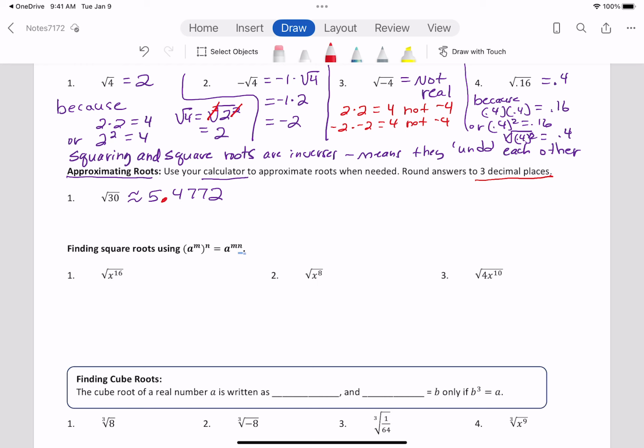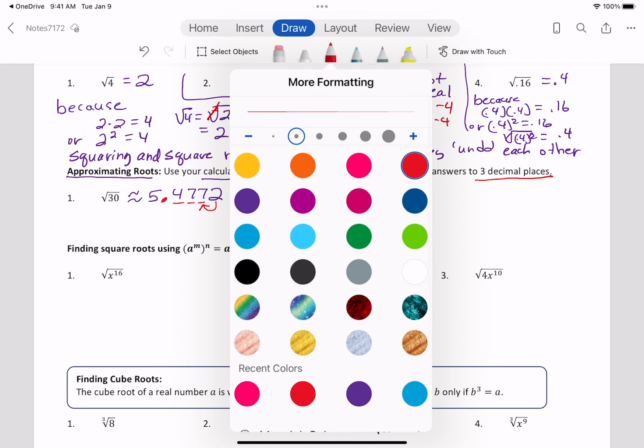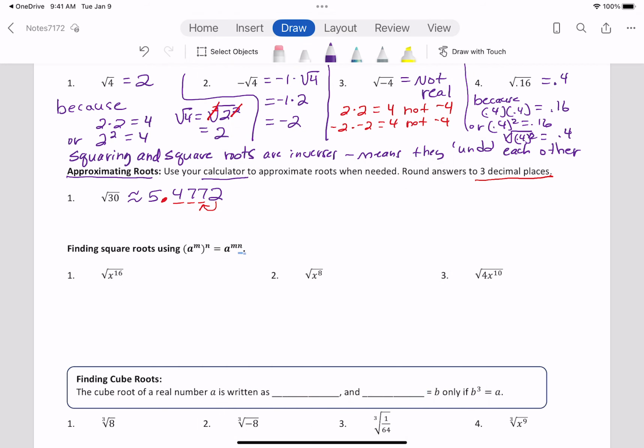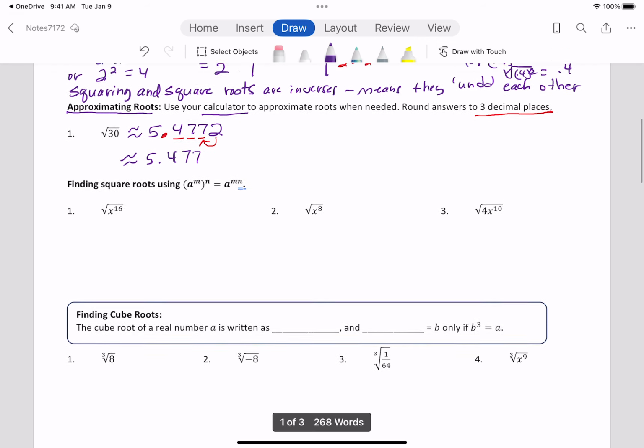So here's my decimal. So this is 1, 2, 3 decimal places. So we need the fourth one to tell me whether or not we're going to round up, right? So the 2 will not tell the 7 to round up. So my approximation is going to be 5.477. And that's all that one is using the calculator.